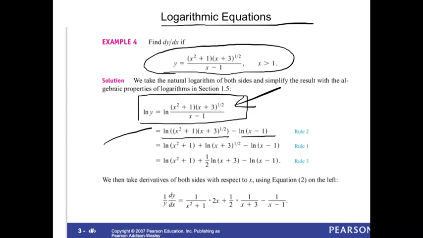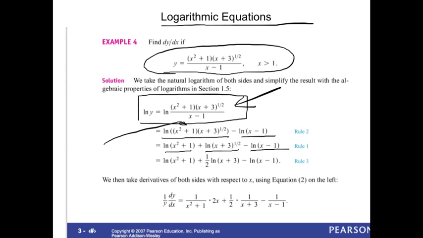Now the logarithm of this product is equal to the sum of the logarithms of each individual factor. That would be ln of x squared plus 1 plus ln of x plus 3 to the 1/2 power minus ln of x minus 1.